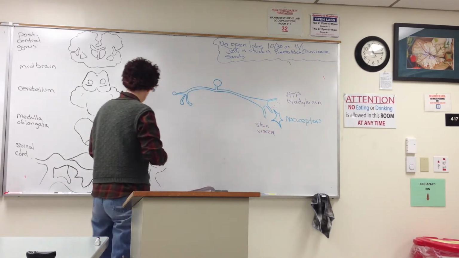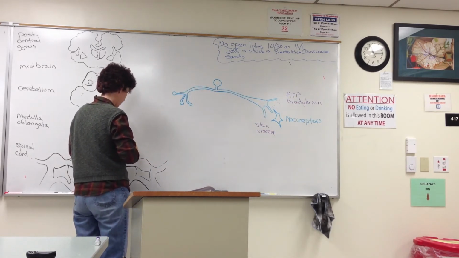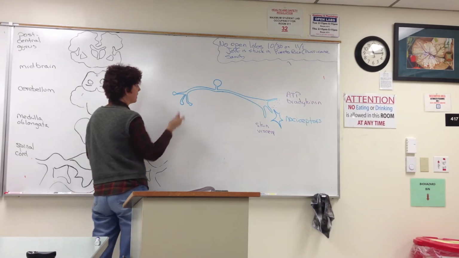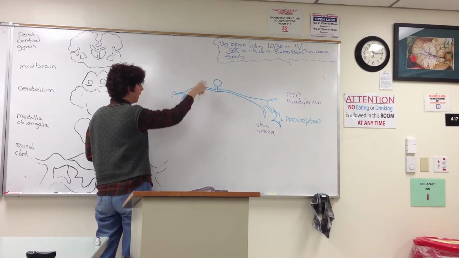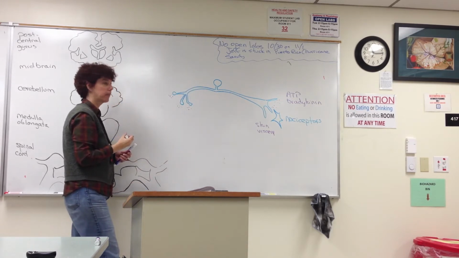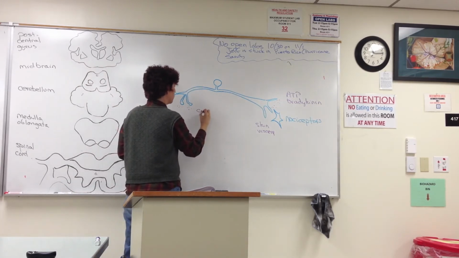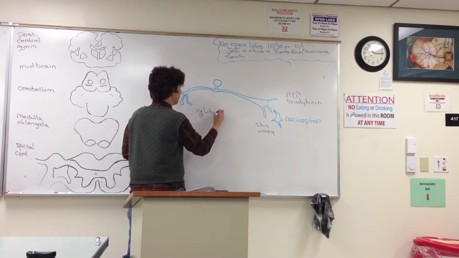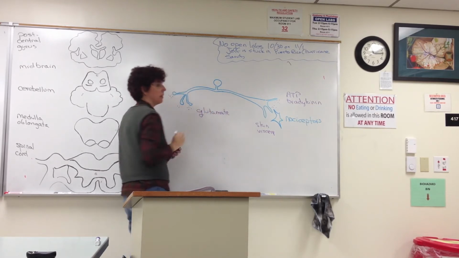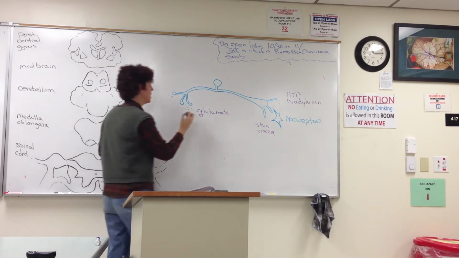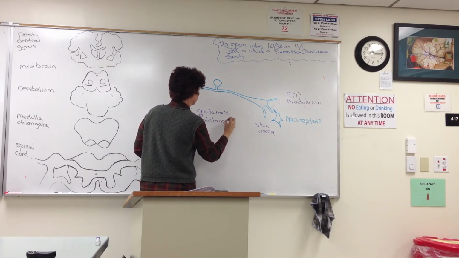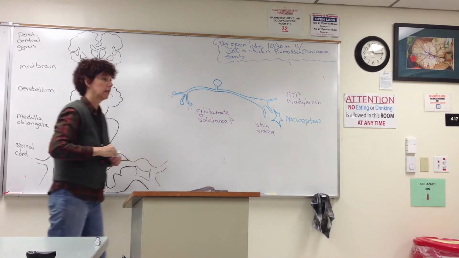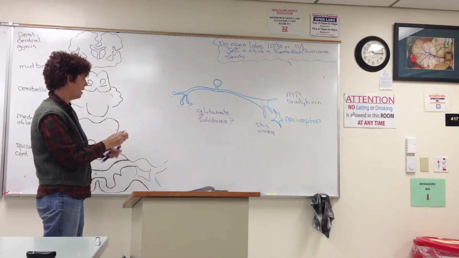And in the posterior gray horn, we have two major neurotransmitters that are released by this first neuron. Glutamate, which we'll talk about in our next unit as the major excitatory neurotransmitter, and substance P. All right, so that's the first order neuron.